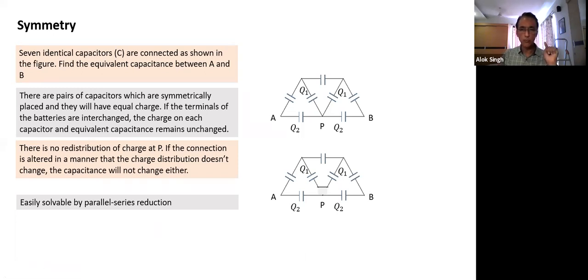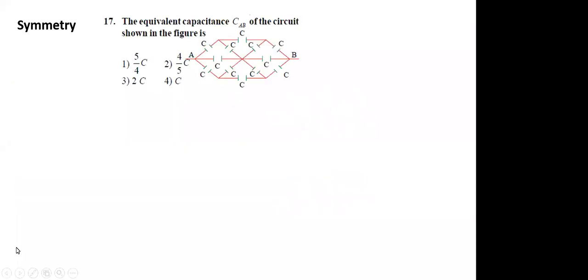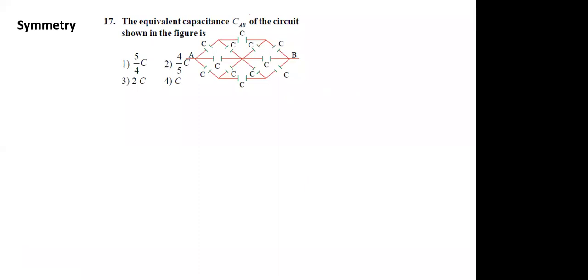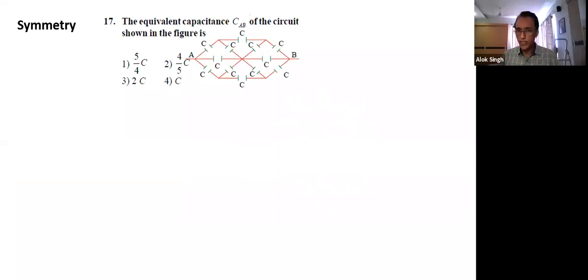See whether you can spot what correction I can make in the circuit so that we can solve this question. This is from your workbook. Do you notice what the symmetry is and what changes we can make in the circuit? Can we solve these kinds of questions without symmetry? We can, but it is much lengthier. I will come to some question later on which we will solve with a very basic approach without using symmetry, and then you will notice it can be solved, but it becomes a much lengthier process.